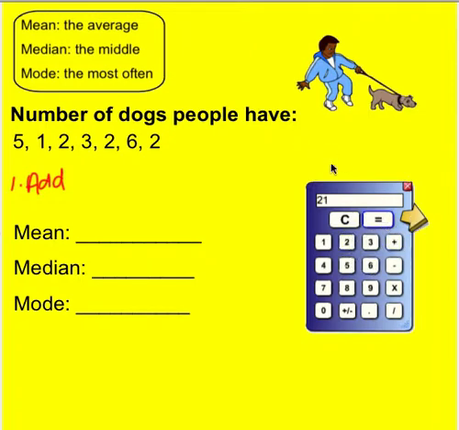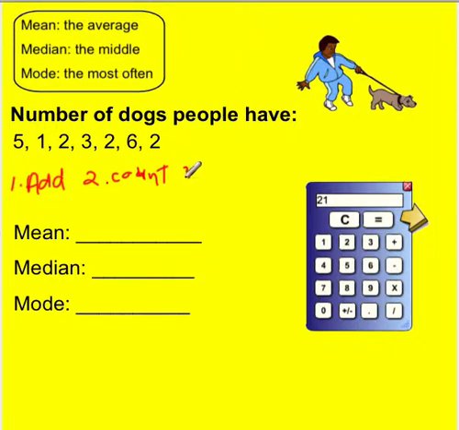And that gives us an answer of 21. The next step is we have to count the number of numbers on our list. We have 1, 2, 3, 4, 5, 6, 7. 7 numbers on the list, which brings us now to step 3.